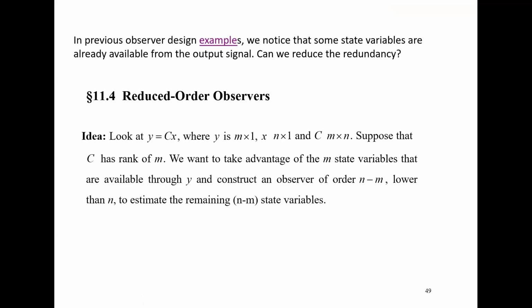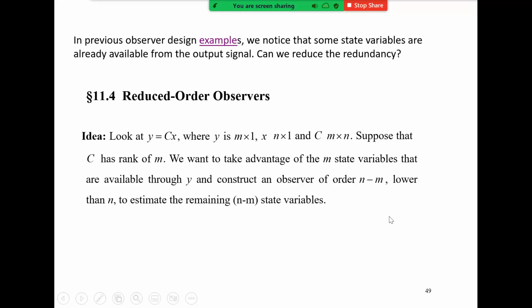So we look at the output, y equals Cx. Let's say there are m outputs. The dimension of the state is n. Of course, m is smaller than n. We also suppose the output matrix C has a rank of m, which means those outputs are independent from each other.